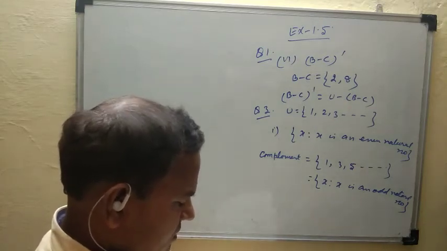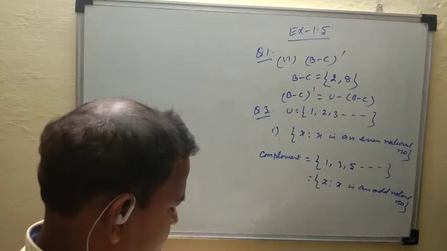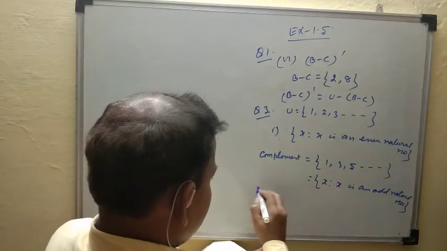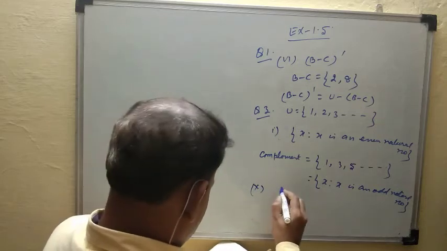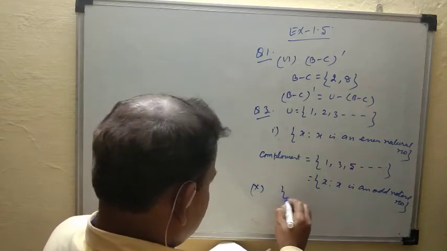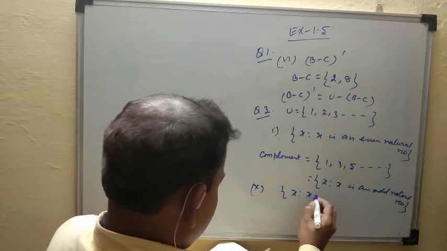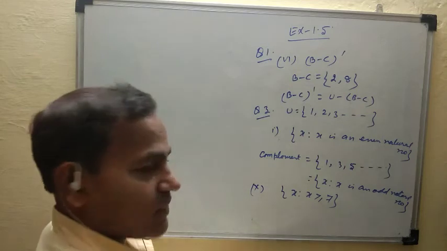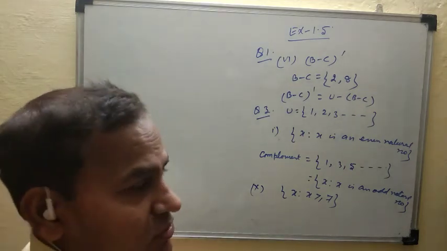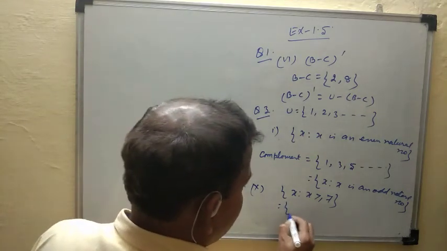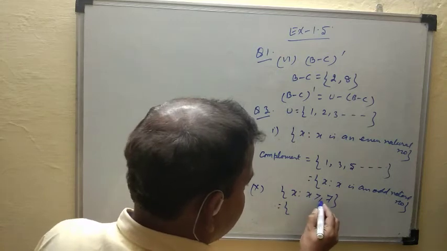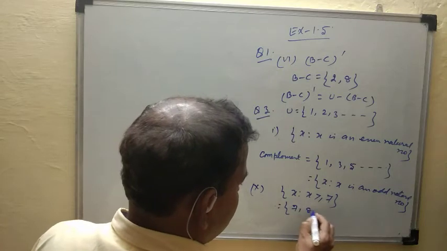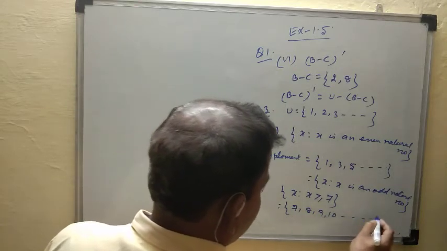Subtract all the elements. Suppose the next set is {x such that x is greater than or equal to 7}, that is all numbers greater than or equal to 7, and x is a natural number: 7, 8, 9, 10 and so on.